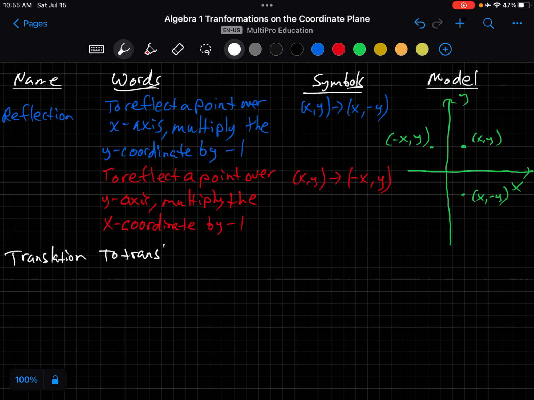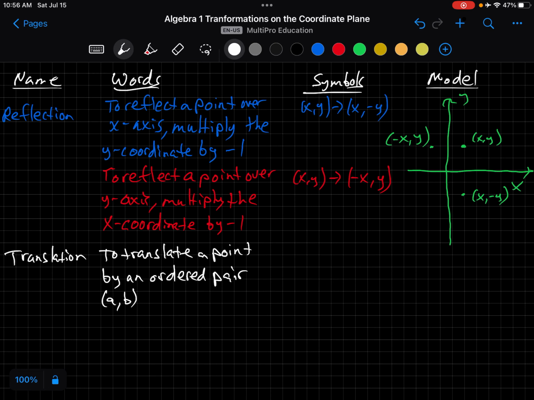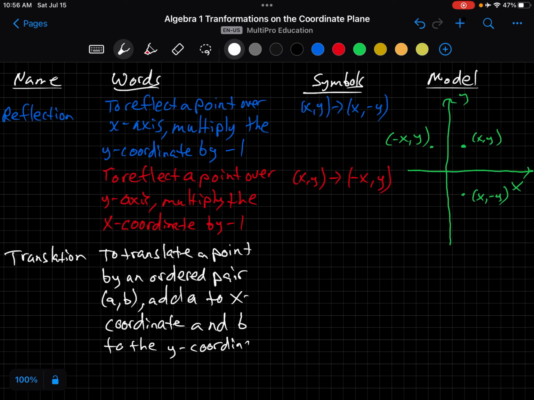Okay, so to translate a point by an ordered pair, let's say A comma B, add A to the X coordinate, and B to the Y coordinate.